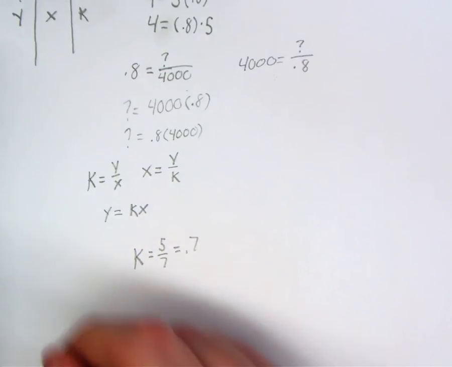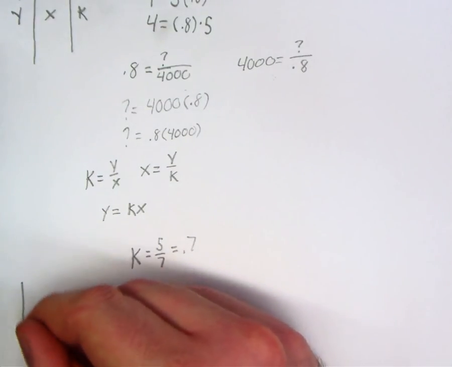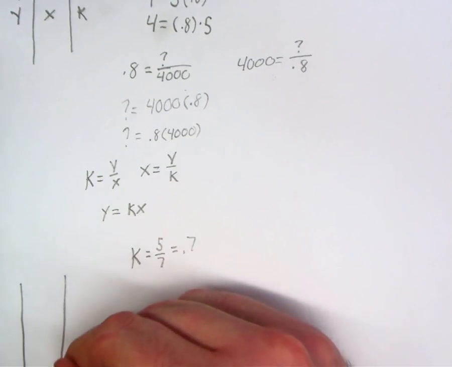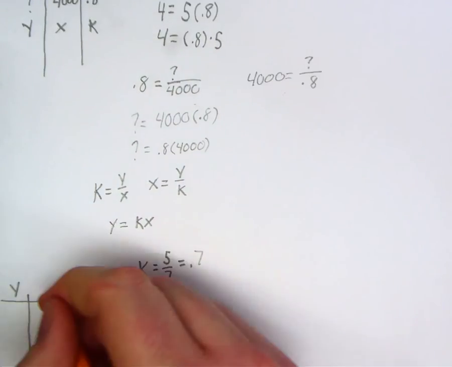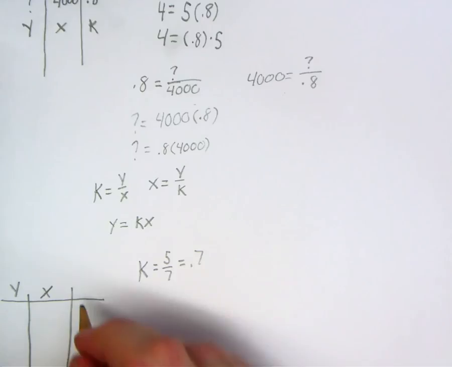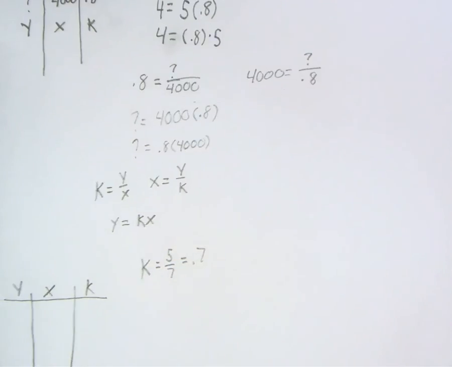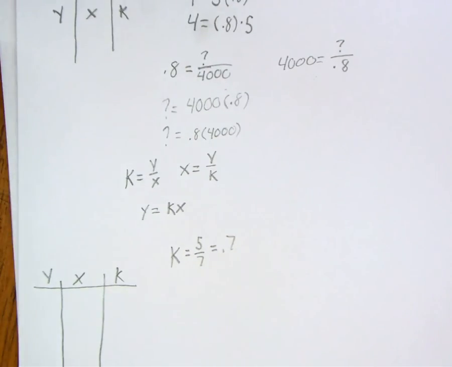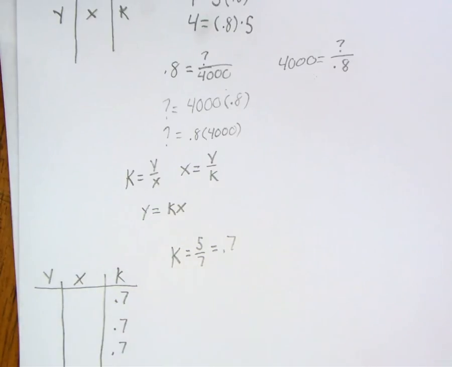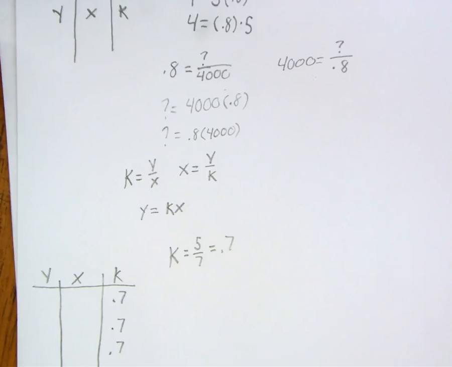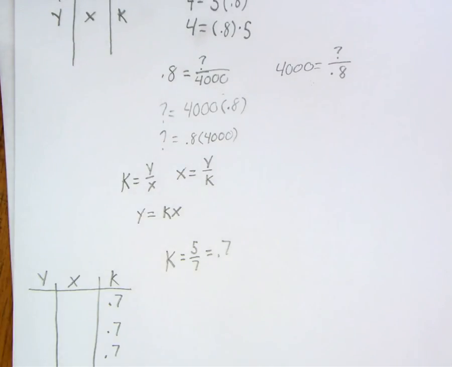Now let's try and make our tables here. We'll make our y's go here, x's go here, and then k there. So we know that k is always going to be 0.7 through all 4 of our examples. We have ourselves a nice set of equations that we can try to use here.